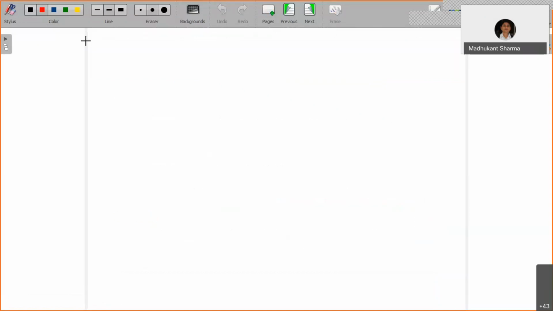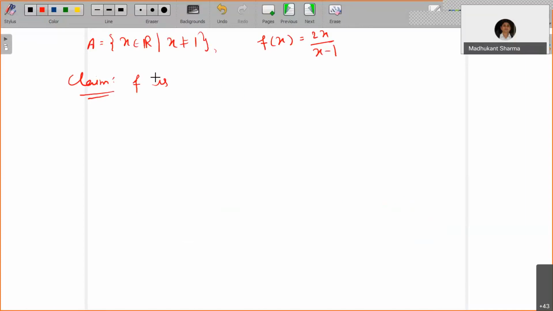So what is given is A is the set of x belonging to R such that x not equal to 1, and the function definition is f of x equals 2x by x minus 1. Now the claim is that f is injective or one-to-one. So let x1, x2 belong to A such that f of x1 equals f of x2.